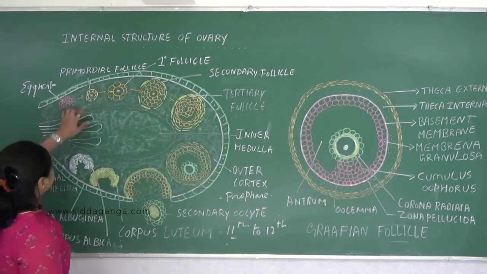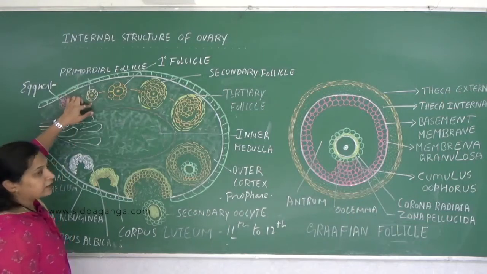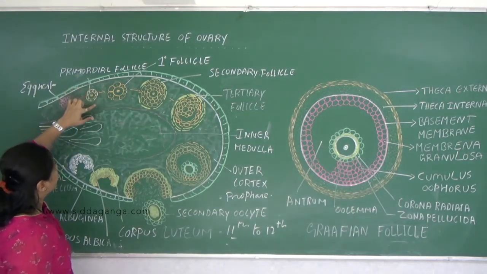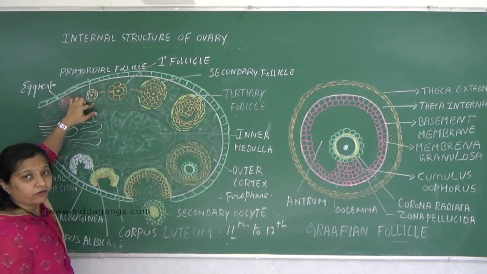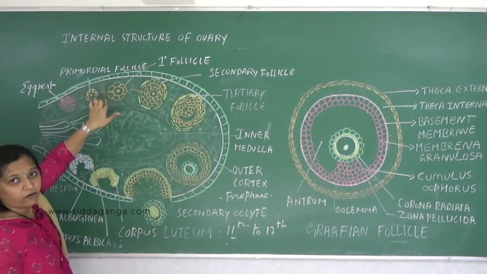So this is called as what? The primordial follicle. A primordial follicle is nothing but a primary oocyte surrounded by a layer of flattened epithelial cells.